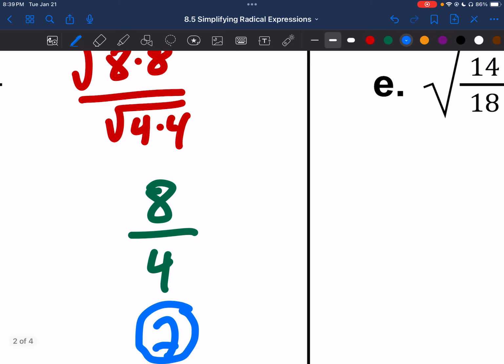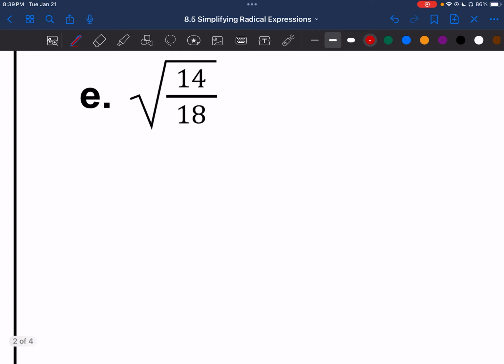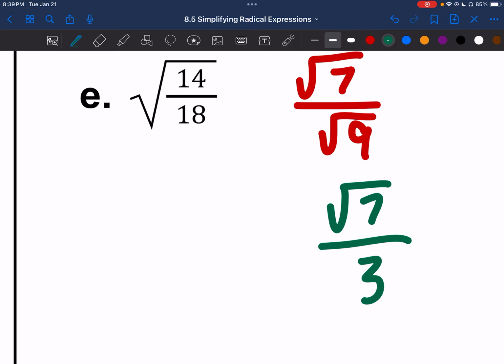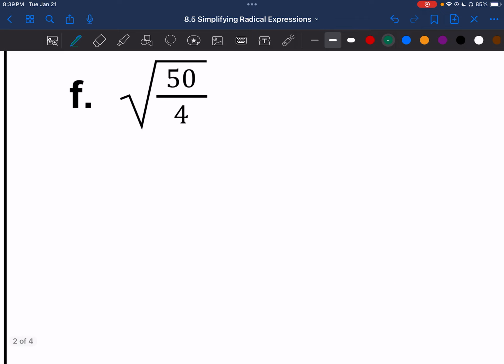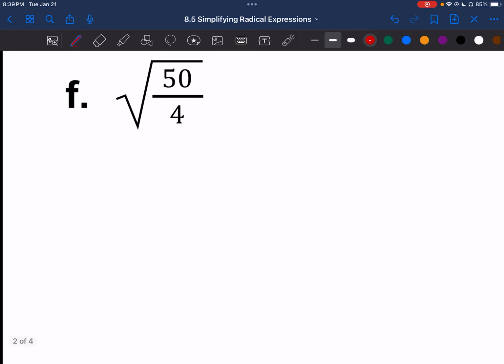Letter E, we've got the square root of 14 over 18. So that can be divided by 2. So I've got the square root of 7 over the square root of 9. I know that the square root of 7 is simplified. The square root of 9 is 3. And letter F, we've got the square root of 50 over the square root of 4.